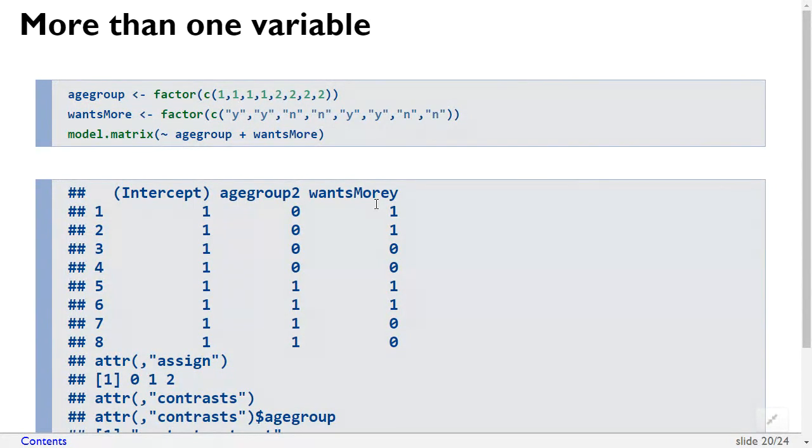So in this case, person number 1 is in age group 1 and wants more children. So it'll be the intercept plus the coefficient for wants more children. For person 5, you're going to get the intercept plus the coefficient for age group 2 plus the coefficient for wants more children.